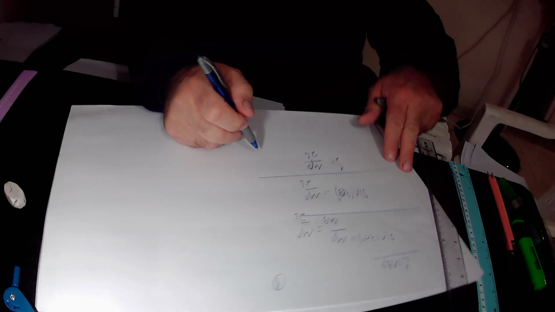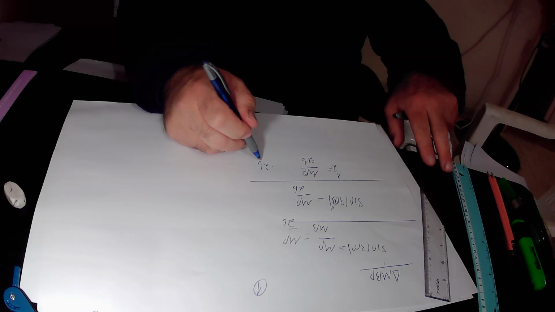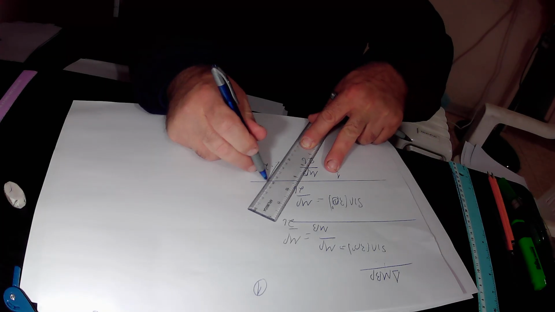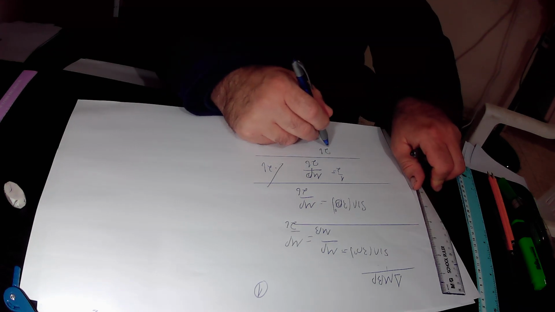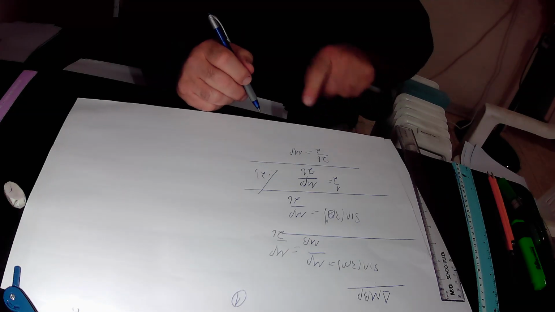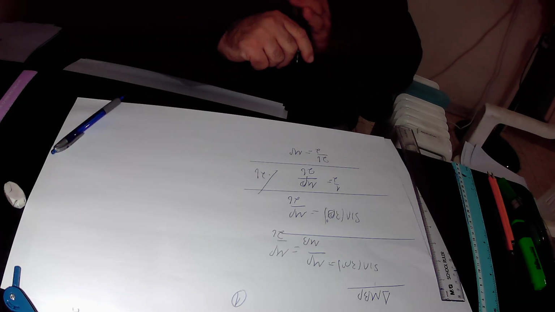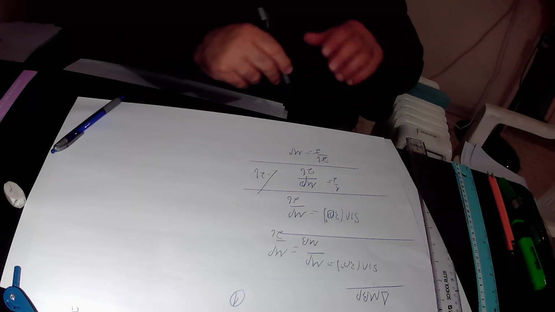Here we multiply this equation by 2B, and we get that 2B over 2 equals MP. We have 2 in the numerator and 2 in the denominator, so the 2 will get cancelled. And we're left only with B equals MP.